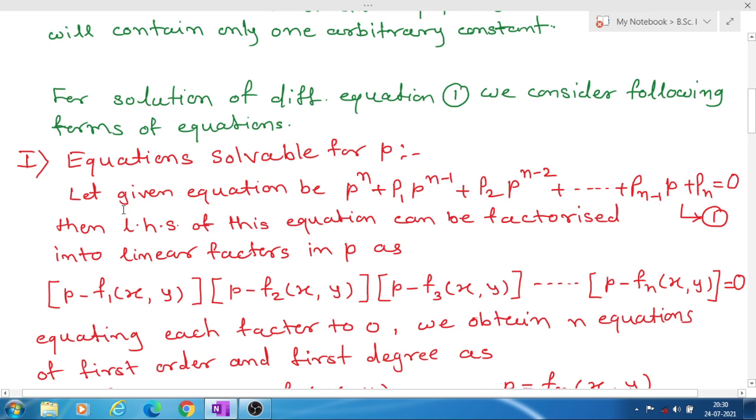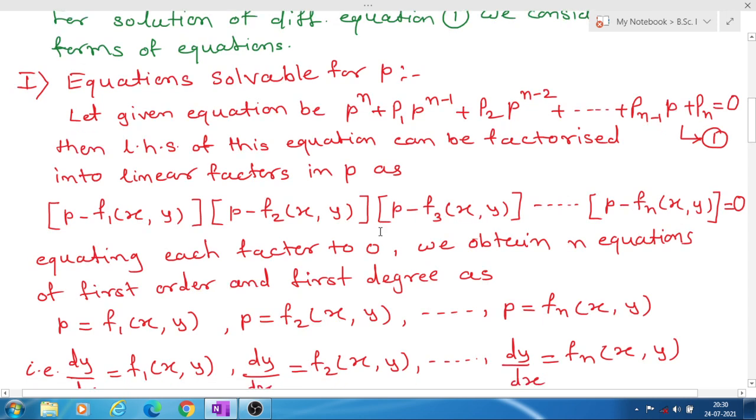So the first form of the equation is equations solvable for p. In this type our differential equation is p^n + P1 p^(n-1) + P2 p^(n-2) + ... + P(n-1) p + Pn = 0.